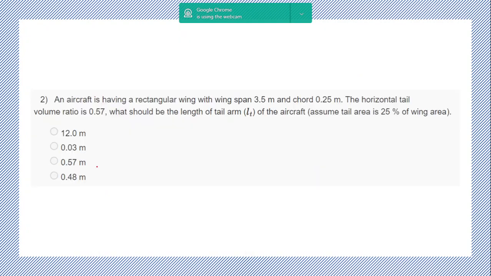Okay. Next question. An aircraft is having a rectangular wing with a wingspan 3.5 meter and chord 0.25 meter. The horizontal tail volume ratio, that is VH, is 0.57.